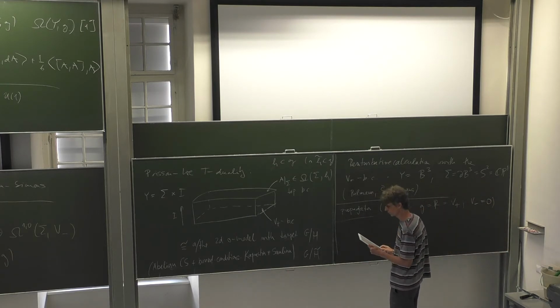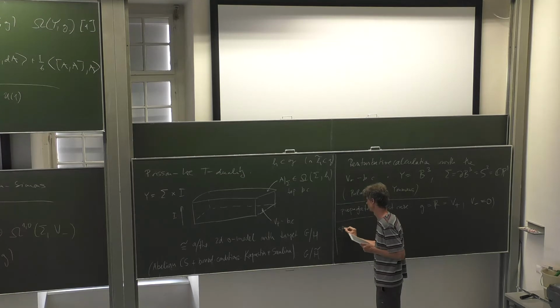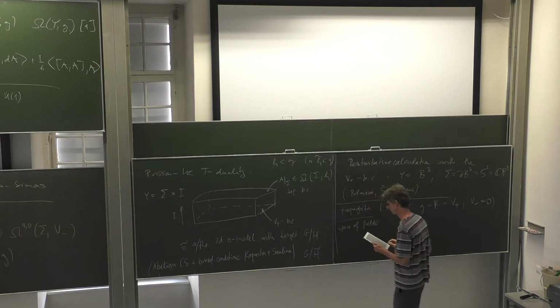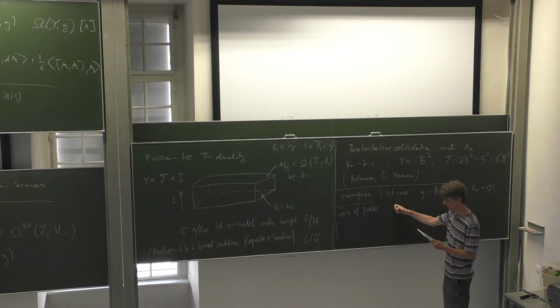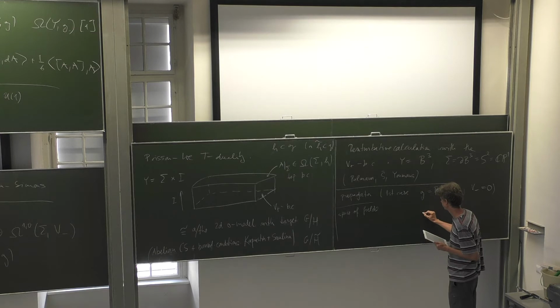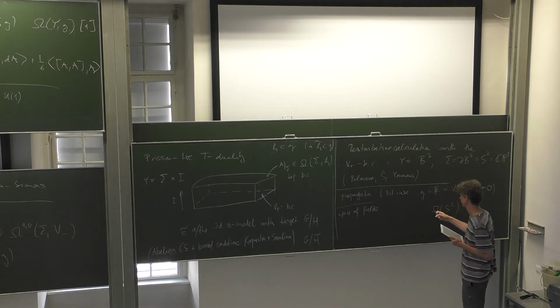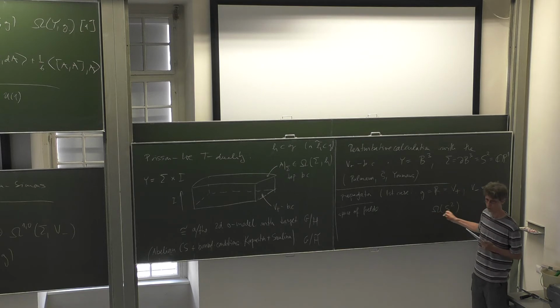So what is the space of fields? I will just write down the boundary condition. So all boundary fields are all forms on S2 with values in this thing. So I'll suppress writing this Lie algebra.